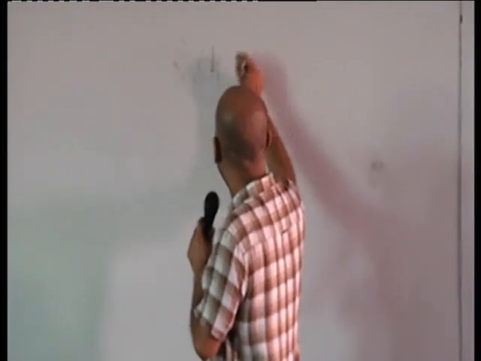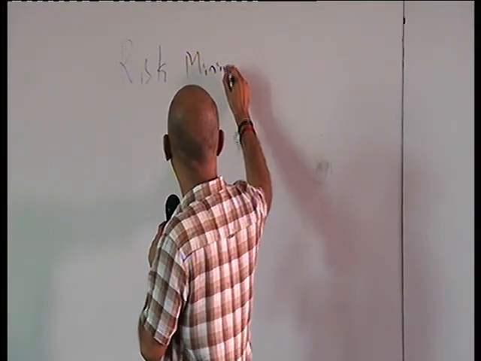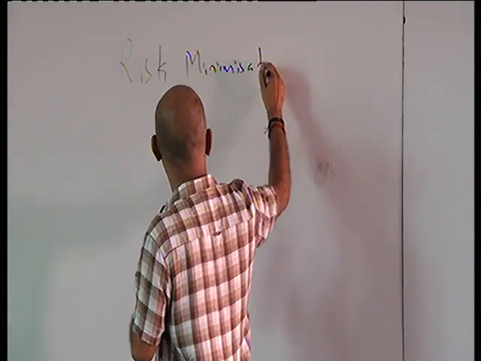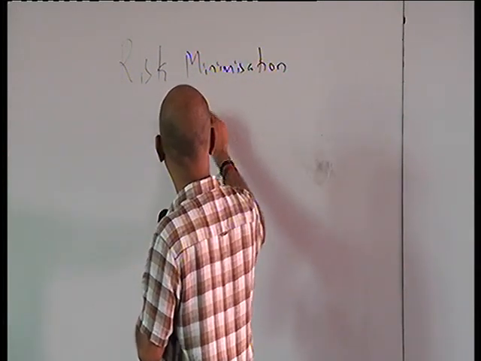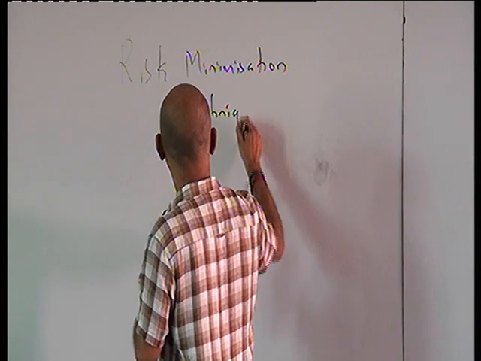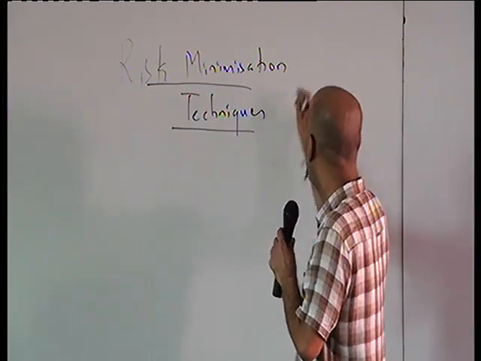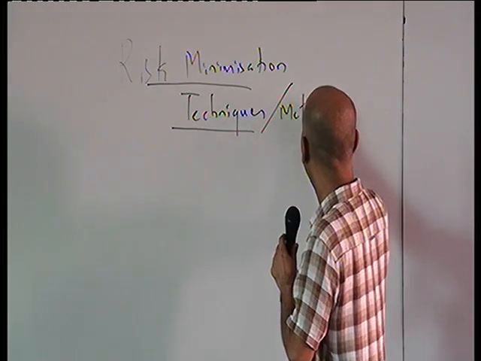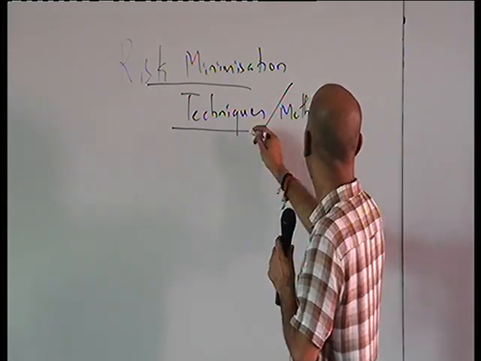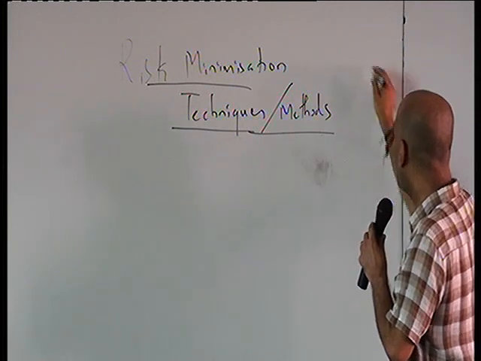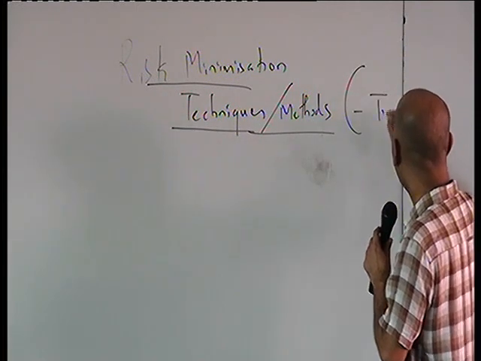So you can have a heading, risk minimization techniques or methods, mainly for transaction risk.